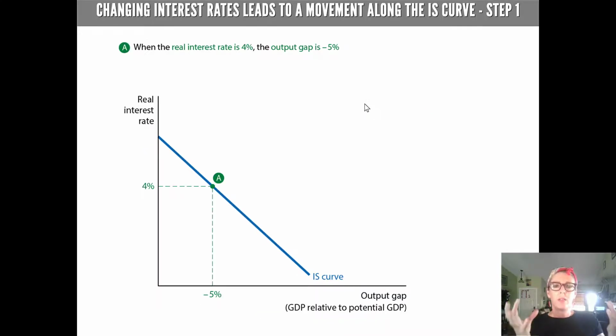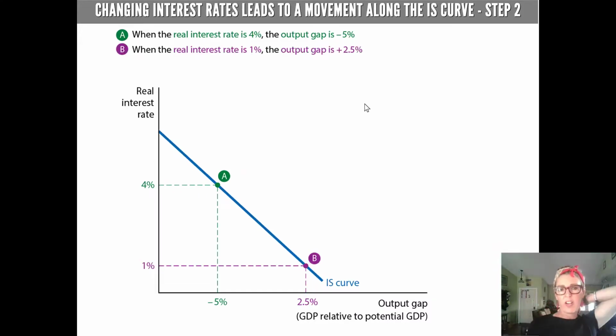So let's talk about points on the curve. Let's look at 4% interest rate and the output gap is negative 5%. Drop it to 1% interest rate and you're going to get more output and a positive output gap. You may even, in this case, move from recession to above your potential output.